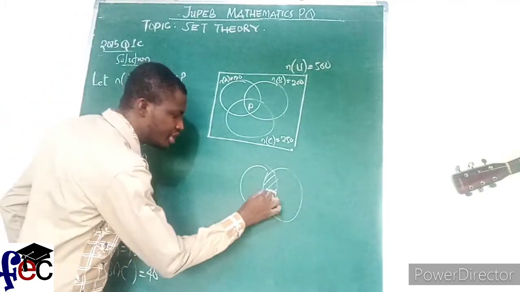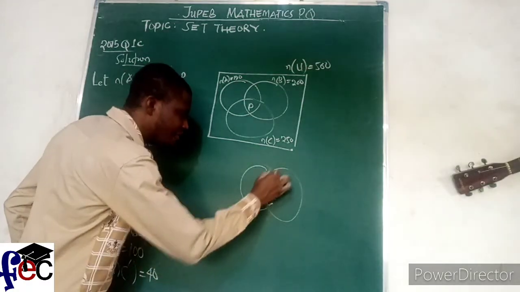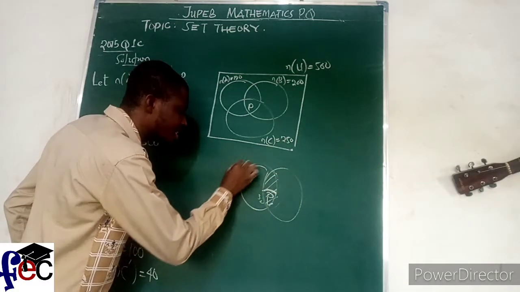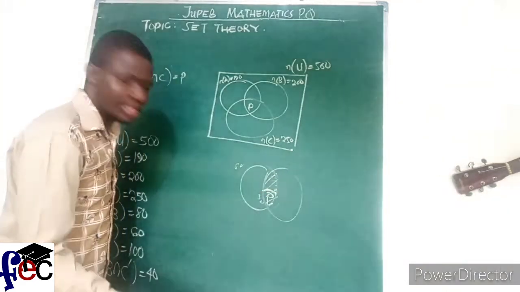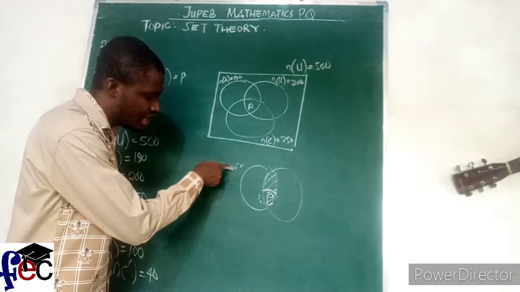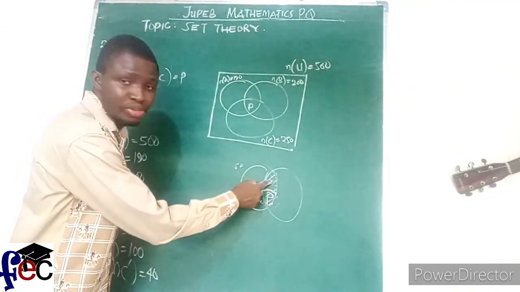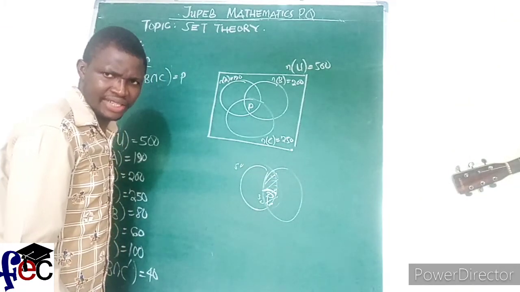If the number of people here is 30 and everything in this place is 80, what do you think will be the number of those that occupy this remaining part? It's obviously going to be 80 minus 30, and that's going to be what? 50. Are you getting it now?